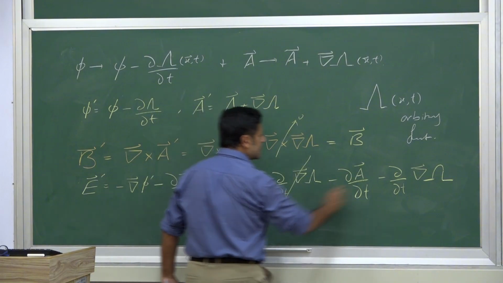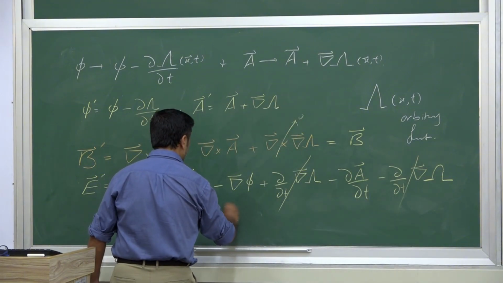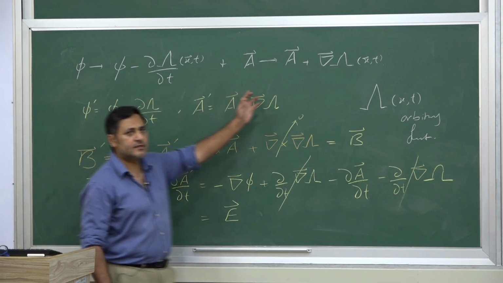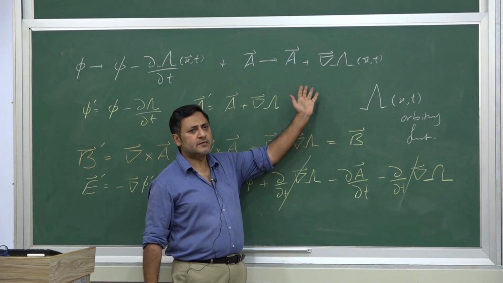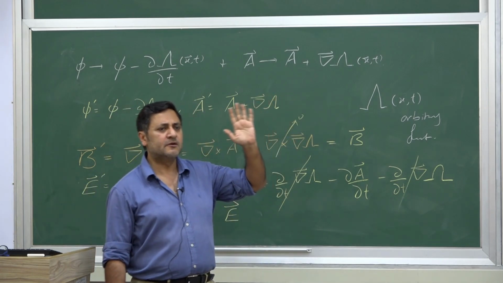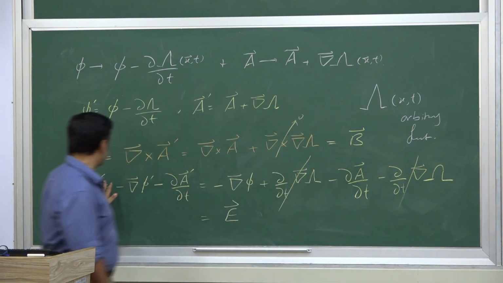So these two cancel and I get my old field back. So that means that this phi and A are not uniquely determined. There's a huge freedom in choosing phi and A. All of them give me the same electric and magnetic field.